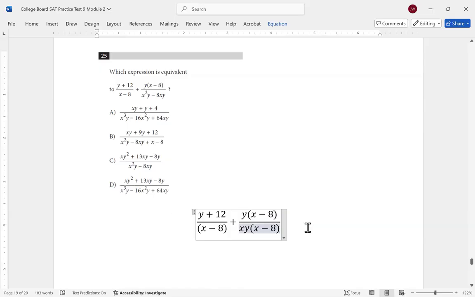So that means if I multiply this left-hand fraction by xy on top and bottom, so I'm multiplying by 1, then I'm going to get a common denominator. Now, when I do that, I need to make sure that both terms in the y plus 12 get multiplied times the xy.